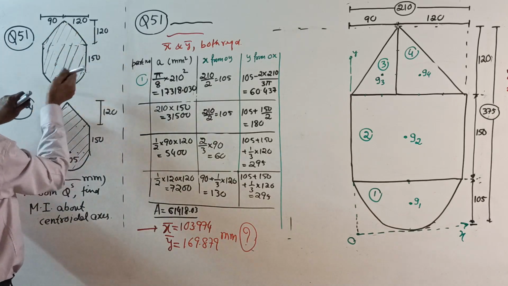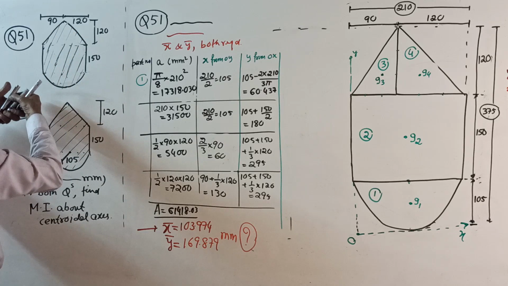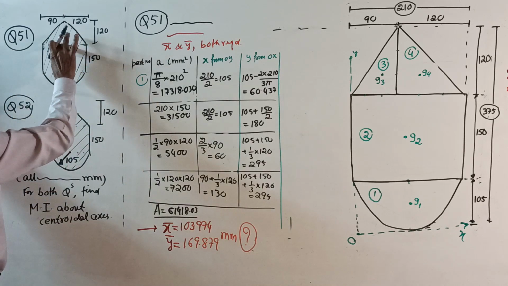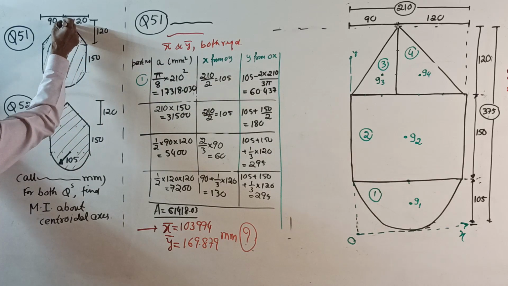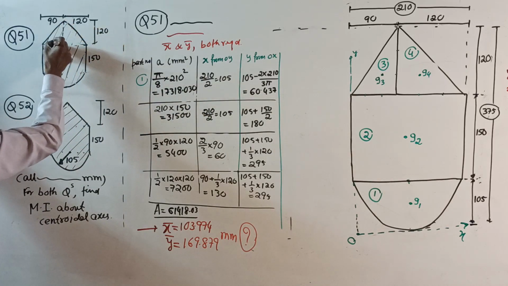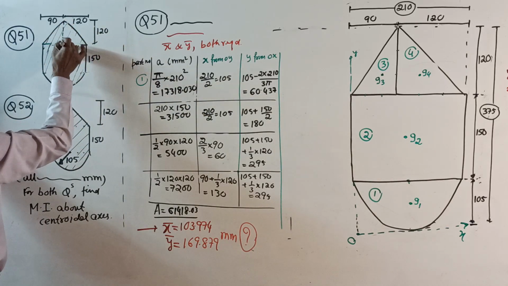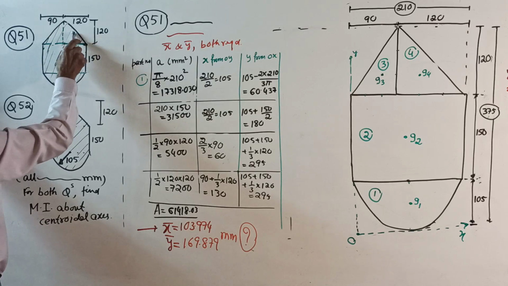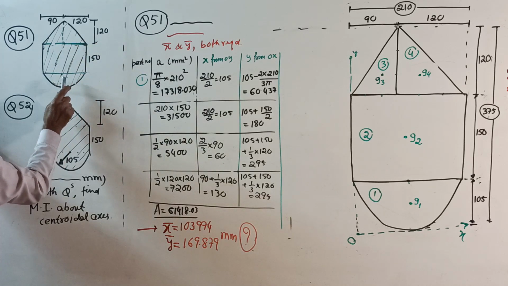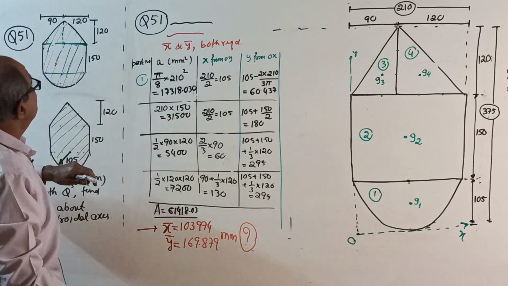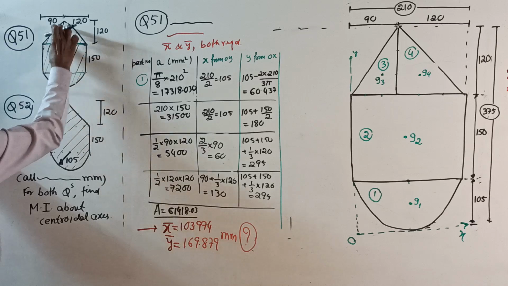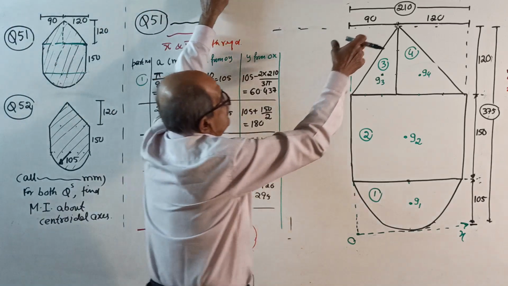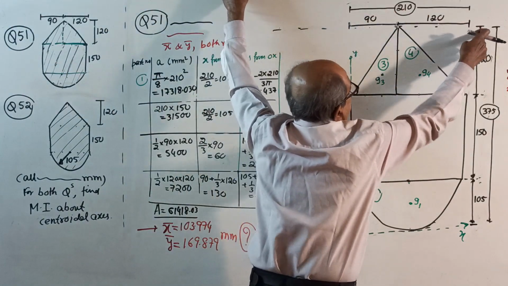So what you do is divide here. Write this question once again and divide this way. We get a right angle triangle, a right angle triangle, a rectangle and a semicircle. Okay, start. 90 by 120.